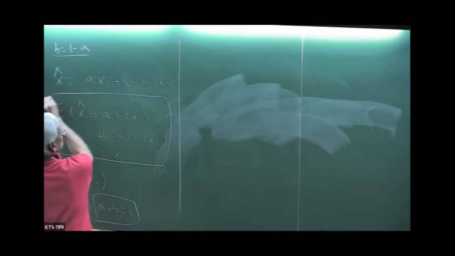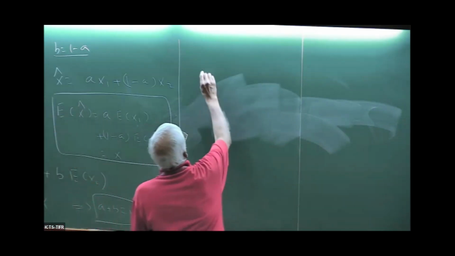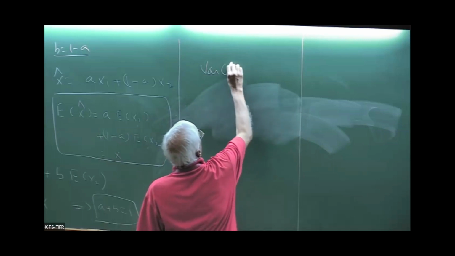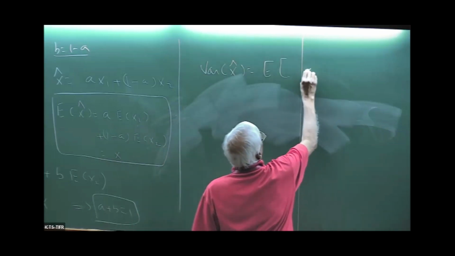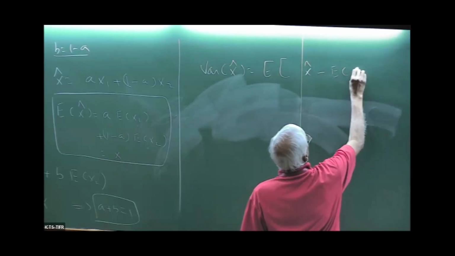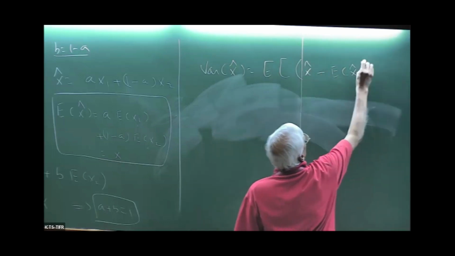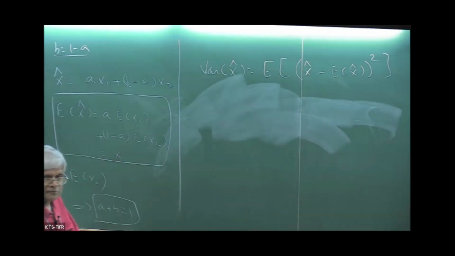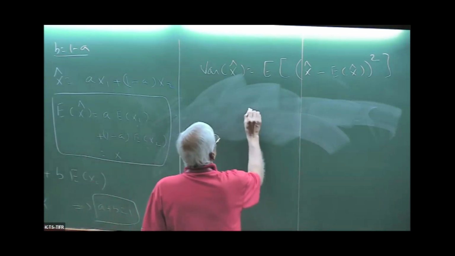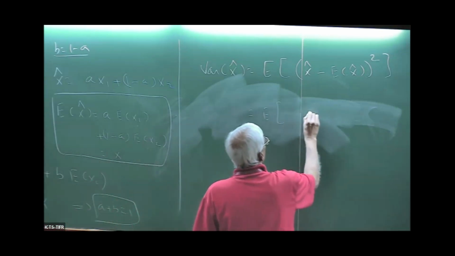We already know that. All of you? That's right. So the variance of x hat is equal to the expected value of x hat minus expected value of x hat, whole square. All of you? That's the definition of variance, everybody? That's right. So what is this? This is x hat.